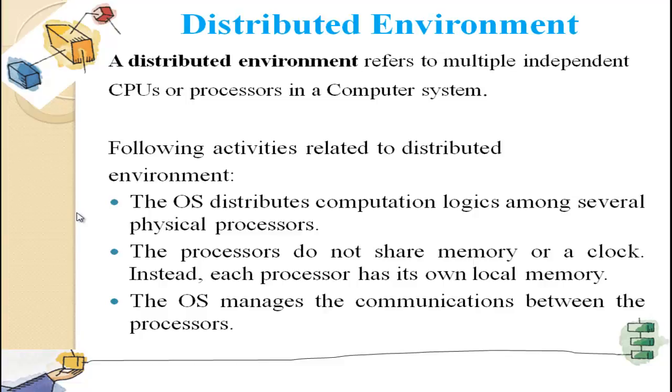We have different processors, and these processors will be doing the tasks among them. That is, the operating system distributes computation logic among several physical processors. A single task is divided so that it can be processed very fast.